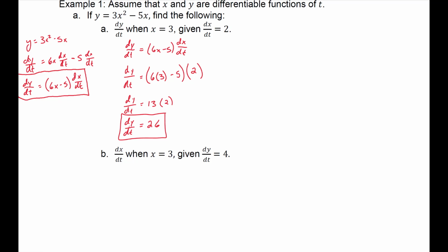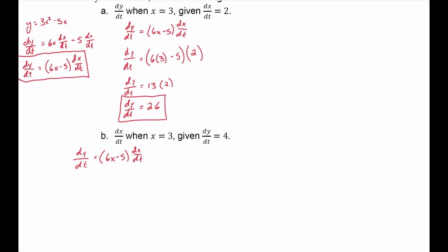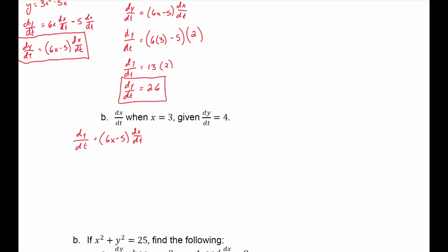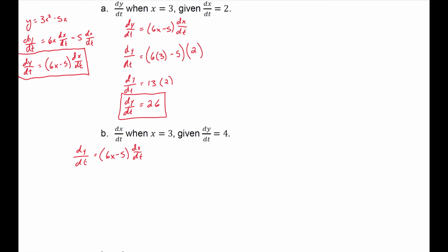So for part B now, we want to find dx/dt whenever x is 3, given that dy/dt is 4. Again, the same idea. We know our equation already, so we don't have to find it again because it's the same function. So dy/dt is still equal to (6x minus 5) dx/dt. The exact same process, except now we have our dy/dt.